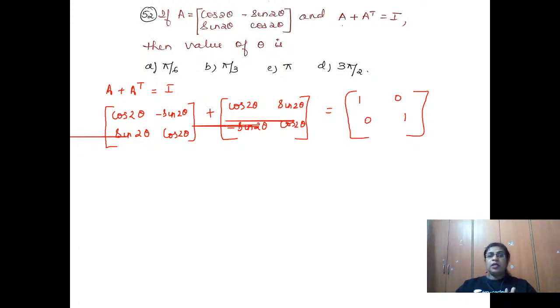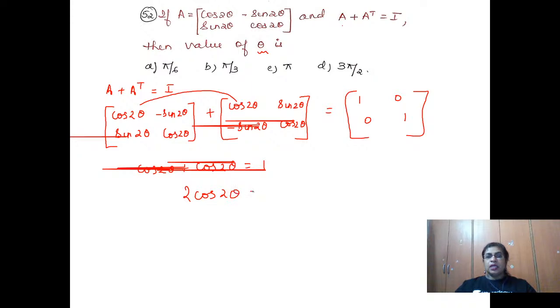Now they have told us to find the value of theta. For that, no need of adding the full matrices. We will take up only the first entries and add them. Cos 2 theta plus cos 2 theta is 2 cos 2 theta, which is equal to 1.